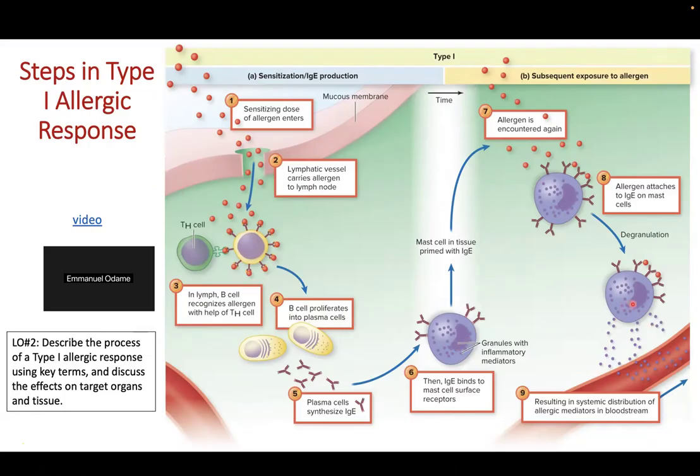It will secrete them into your bloodstream, resulting in a systemic distribution of these allergic inflammation mediators. So then what happens next?